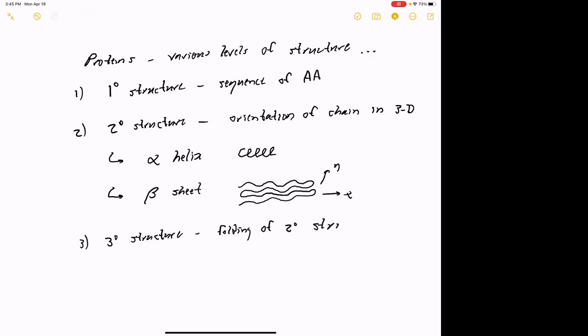I'll show you a picture of this in just a minute. We'll say it defines the overall shape of the protein. And when we talk about shape, what we're really talking about is configuration. That's usually the term that's used.